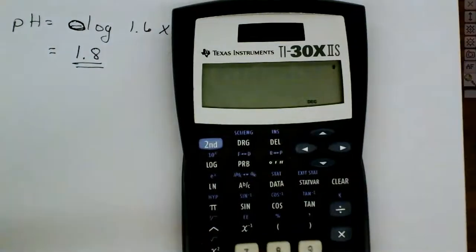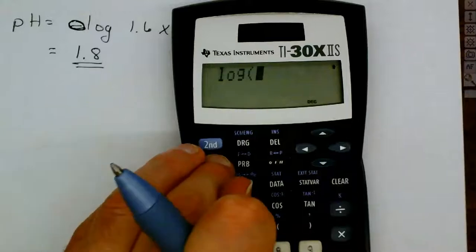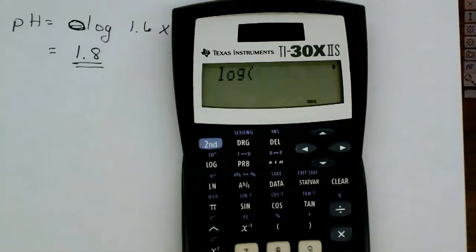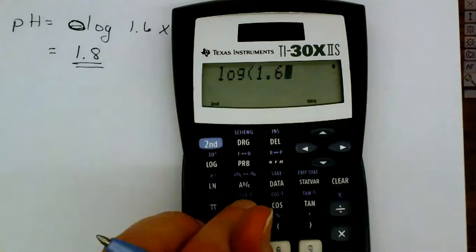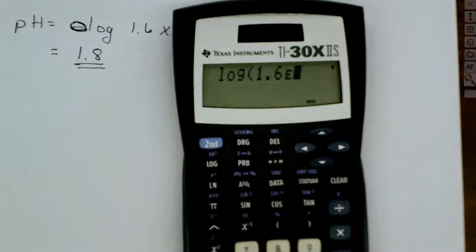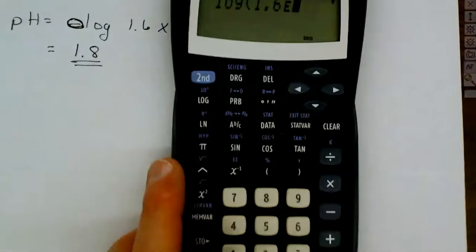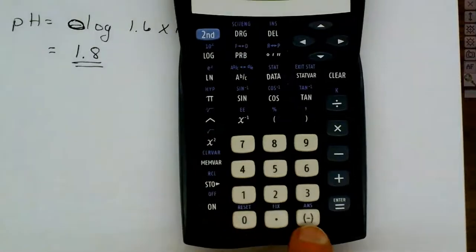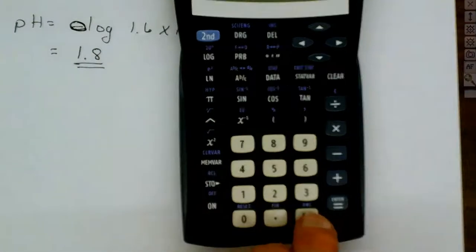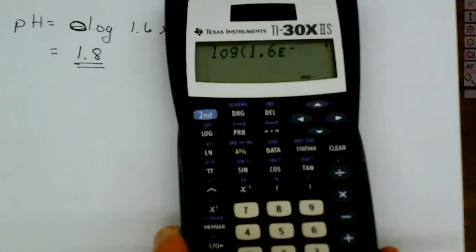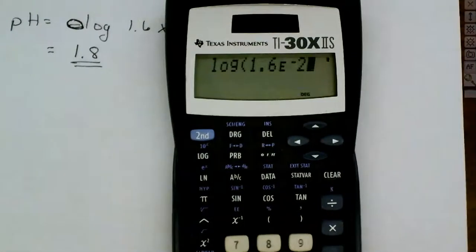We want to find this log, so we hit the LOG key, and then we hit the 1.6. Now we want the double E key, so second, double E here, and we want a -2. Make sure when you plug in that -2, you use this symbol, not this one. Use the negative with the parentheses around it. Hit your 2, and then hit equals.